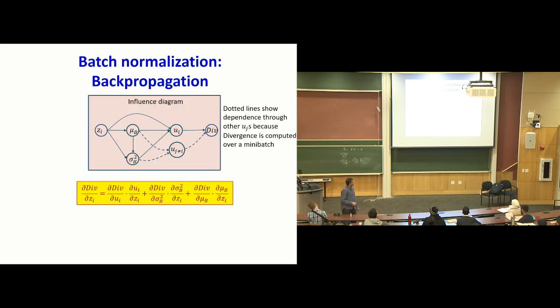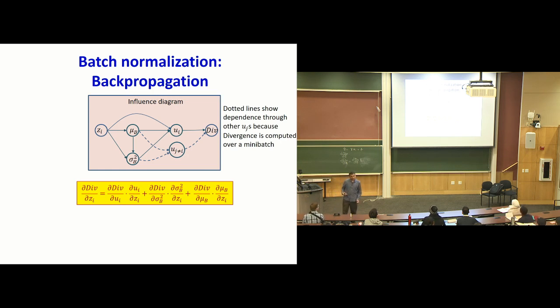If I draw the figure, the divergence goes to z, and here are these paths. There's this path, then there's this path, and then there is this path. So those three have to be accounted for.